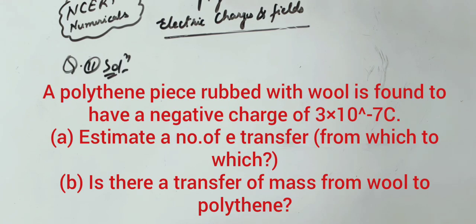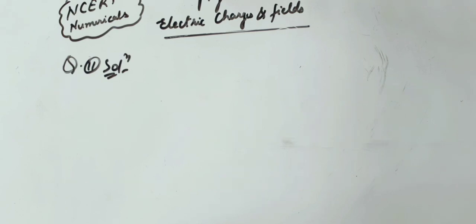Here in question number 11, a polythene piece rubbed with wool is found to have a negative charge of 3 × 10^-7 coulomb. In the first part, estimate the number of electrons transferred, and from which to which.